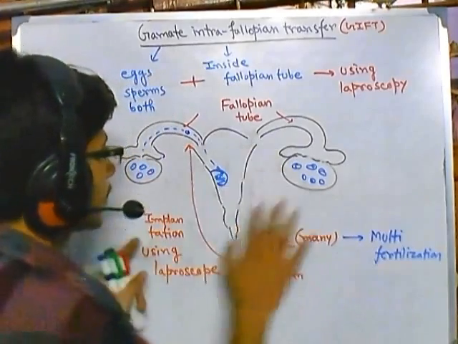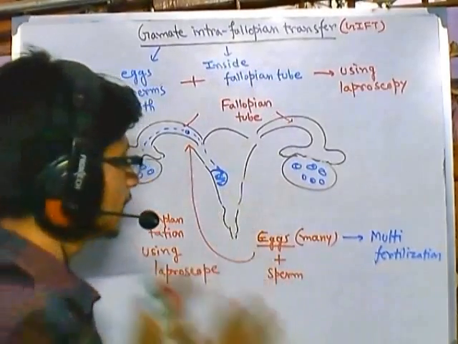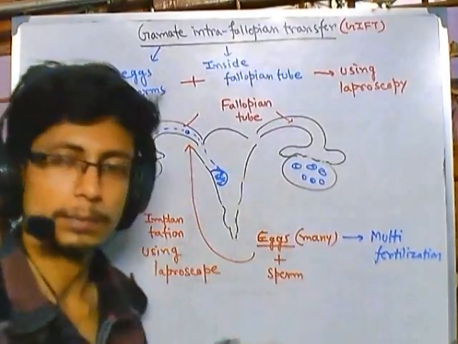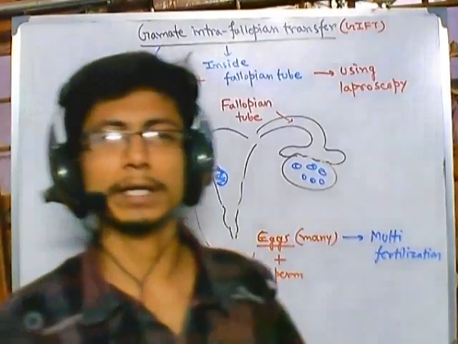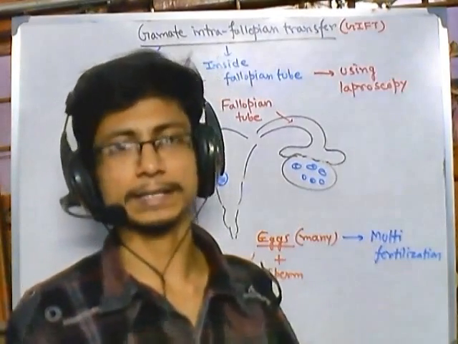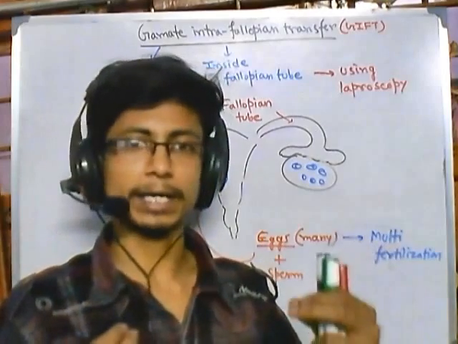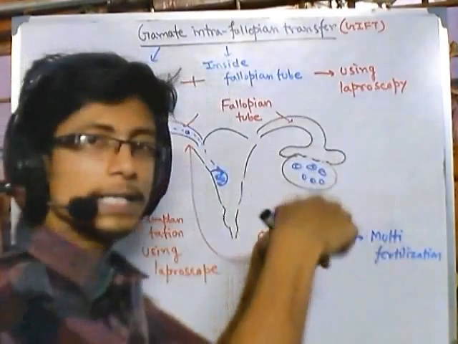Okay, so that is the way of this gamete intrafallopian transfer process. But again, this process is usually not done, because if there is any problem regarding the male reproductive system, usually people stick to the in vitro fertilization process. So we take out the sperm, take the egg outside, and put them in a test tube.